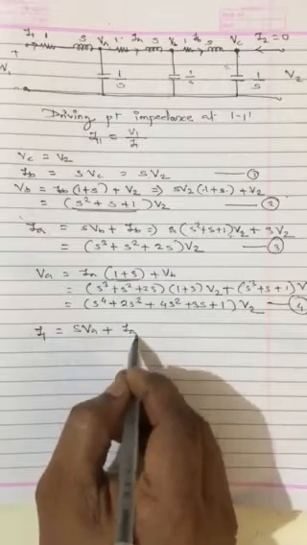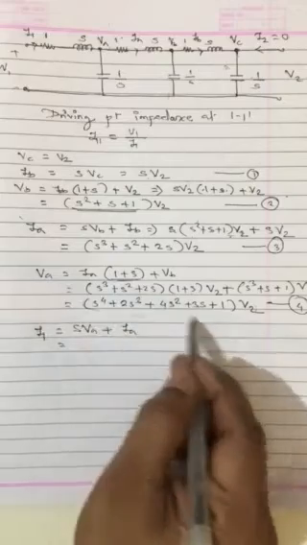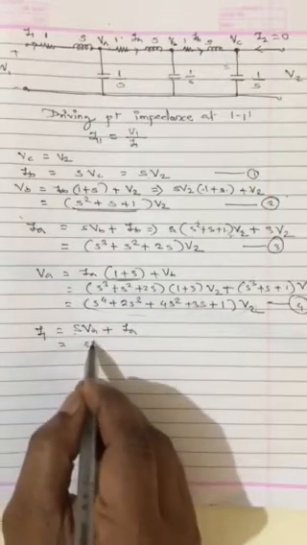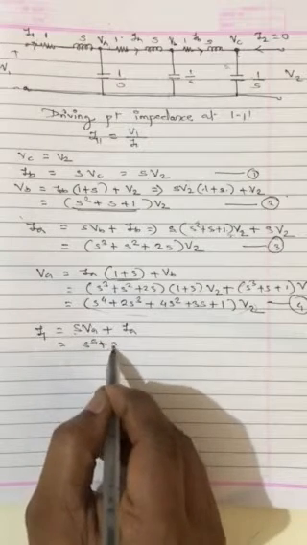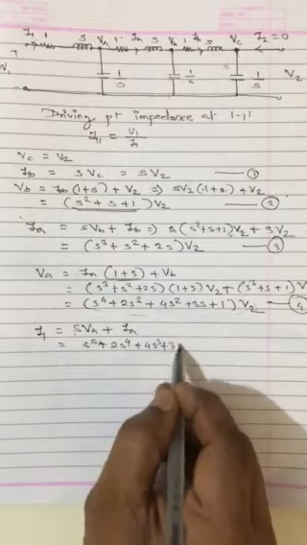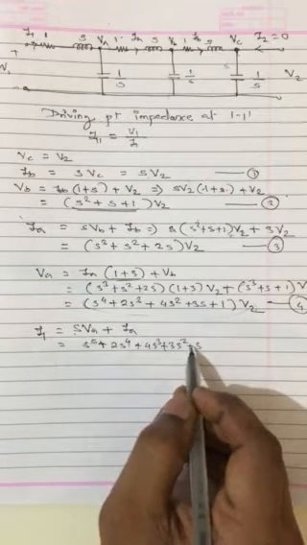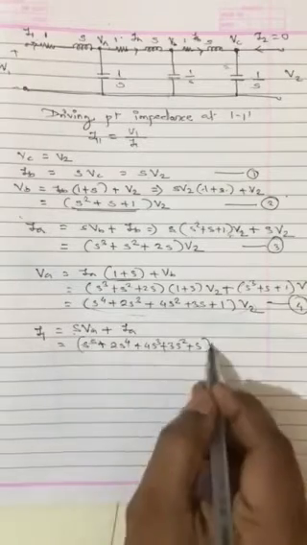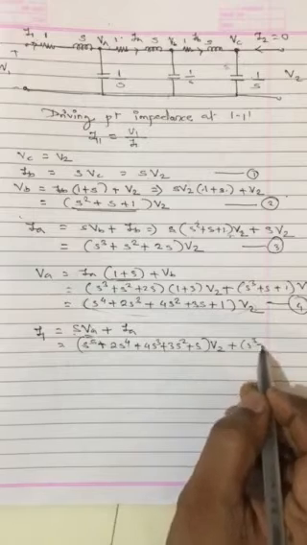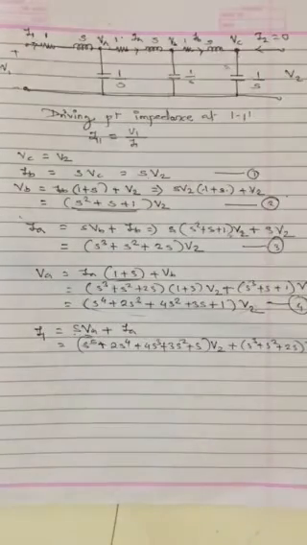So if I multiply all terms by s, raised to 5 plus 2s raised to 4 plus 4s cube plus 3s square plus s, right? V2, this is sVA plus IA. IA is (s cube plus s square plus 2s) into V2.